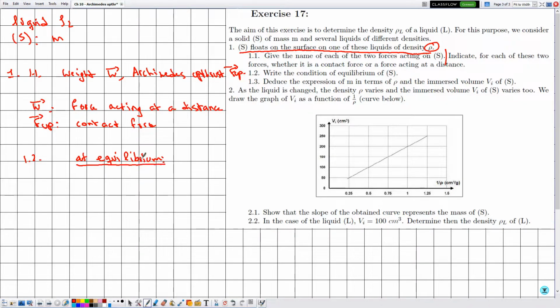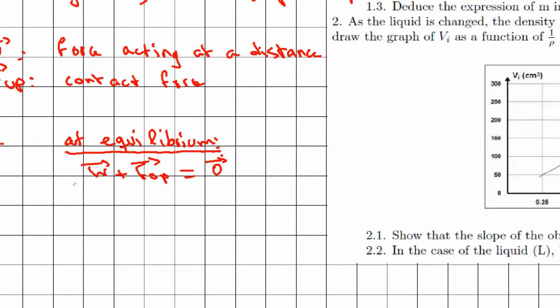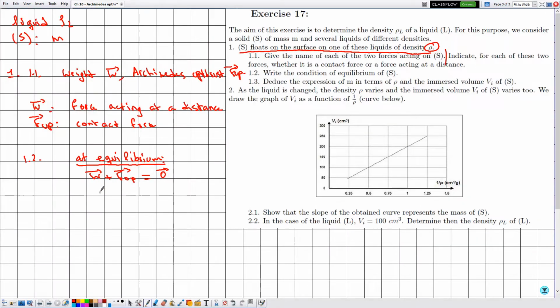Then on the left we write the sum of forces acting on the solid S, and they are given by the weight and F upthrust. And on the other side of this equation we write the zero vector, corresponding to the condition of equilibrium, and we don't forget the vector over 0 as well as W and F upthrust. Now moving F upthrust to the right hand side, we have that W vector is equal to minus F upthrust.